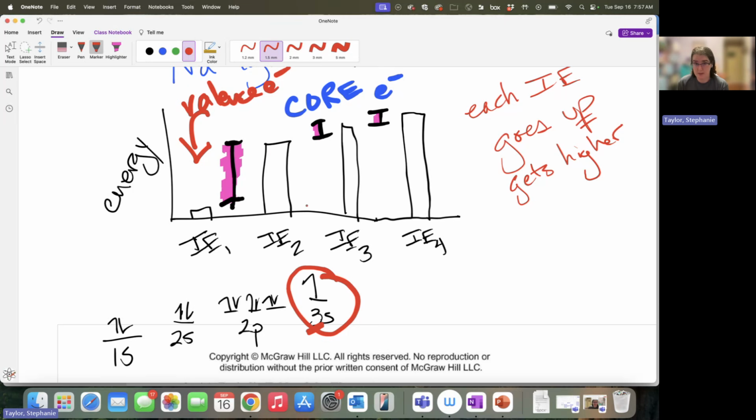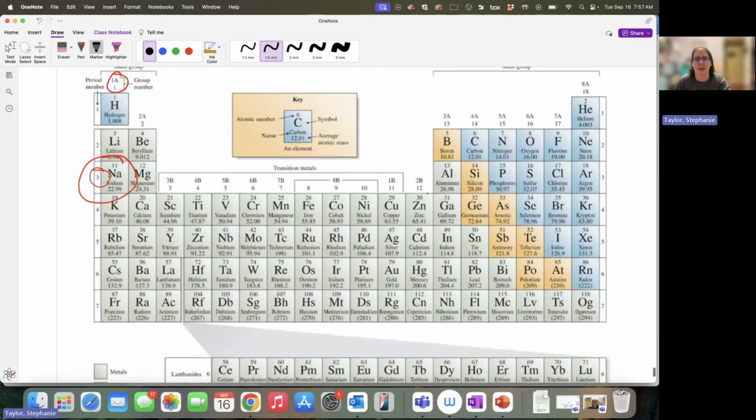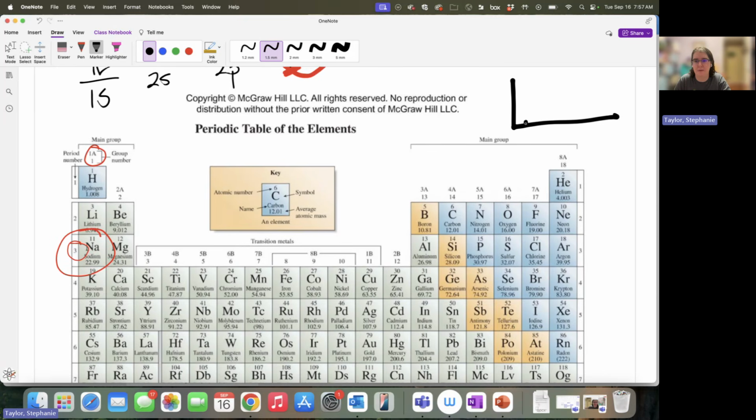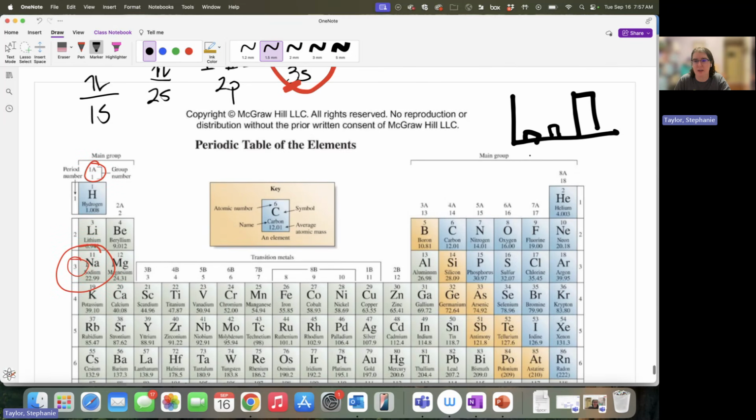So typically what I like to do on the ALEKS question, which sometimes we also write as an exam question, is count the little bars, because basically every little bar is a valence electron. So for example, in ALEKS, it'll say something like, here is a graph of successive ionization energies, first, second, third.